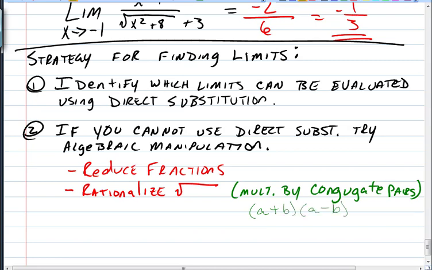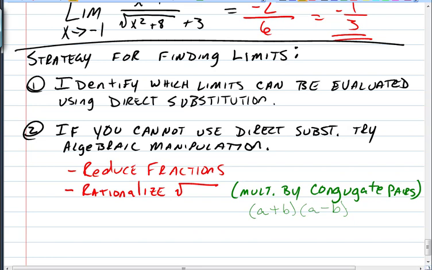And the reason you do that is this factoring pattern is the difference of two squares when you FOIL it out and you get the first term squared minus the last term squared. That gets rid of your radical. Okay, that's why you want to use the conjugate pairs. Because if I would have just multiplied by the square root, I still would have had that square root with the 3 because I would have distributed.